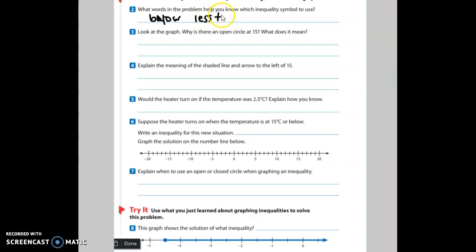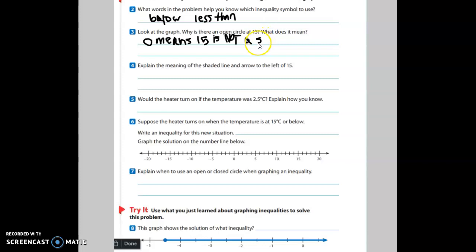Why was there an open circle for number 3? Because 15 is not a solution. So open circle, I'm just going to draw a circle, means 15 is not a solution.